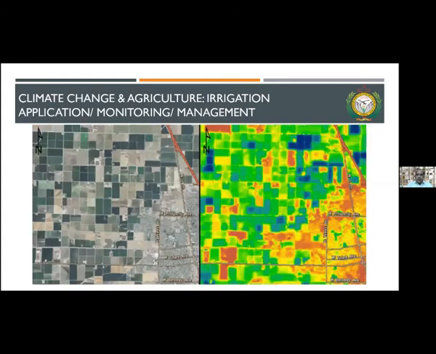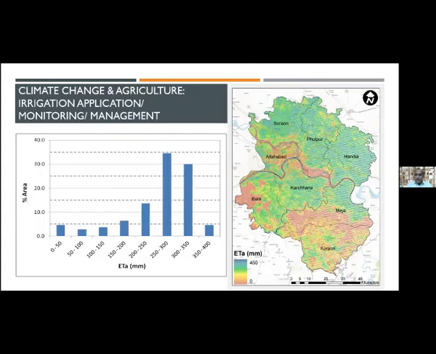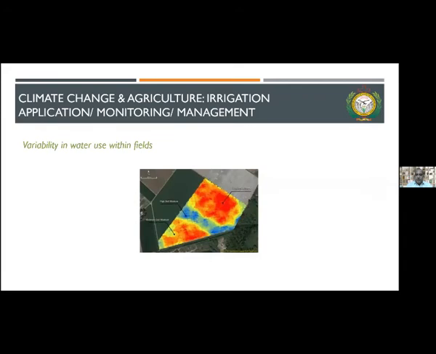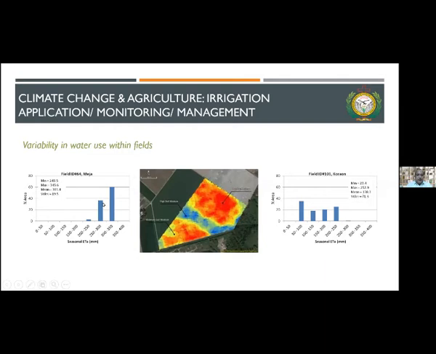So again, when we are talking about technology, we start with district level information. From these images, we go to individual fields, and then from a group of fields, we go within fields. I have used the same example that high variability in an individual field can result in this type of information. Here we see high water use areas, which is good.